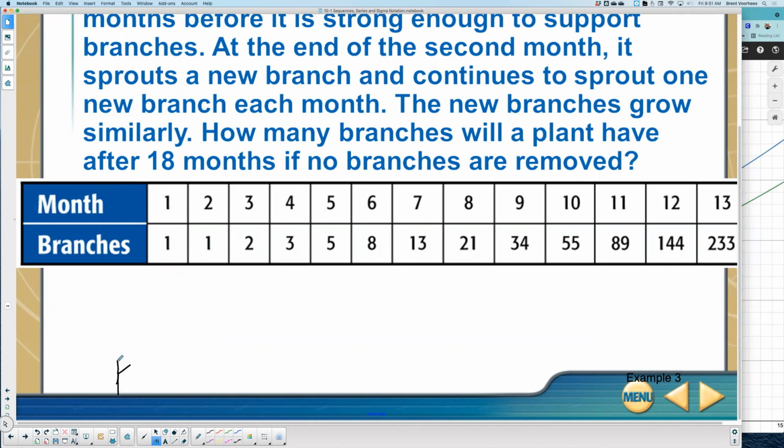Well, in month 4, not only does this grow up, it also sprouts another branch. And guess what this one does over here? It grows itself. On month 5, this again grows tall. It sprouts. This grows taller, but this one's been growing for 2 months. So guess what this is going to do? It's going to sprout its own as it grows bigger.